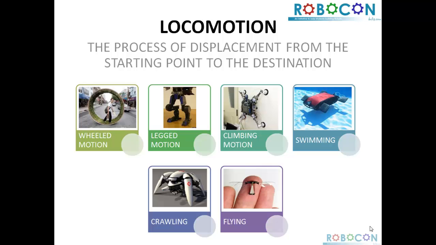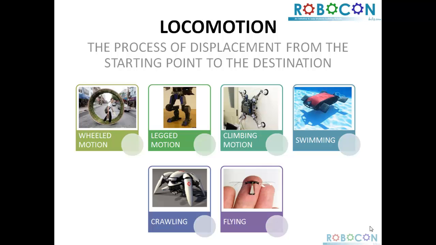So what is locomotion? As we have already discussed, locomotion means starting a displacement from a starting point to a destination point. And if the change of media is done, then the kind of locomotion changes. Let's take for example, on a flat cemented road, you will easily opt for a good wheeled robot.